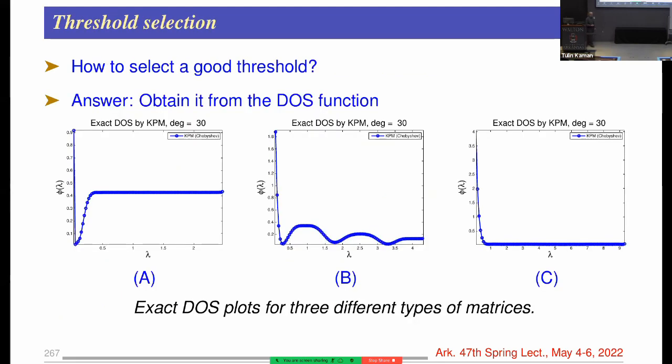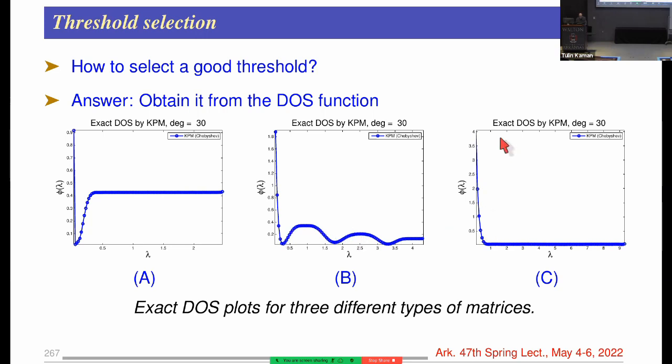Here are three different distinct scenarios you could have, where you have a very sharp decline. This is almost an exact rank-K matrix. This one is a more typical scenario, all right? And what you see here is this spectral density computed with some method called the kernel polynomial method here. As you can see, you have a sharp drop in here, somewhat a sharp drop, and then some oscillations here.